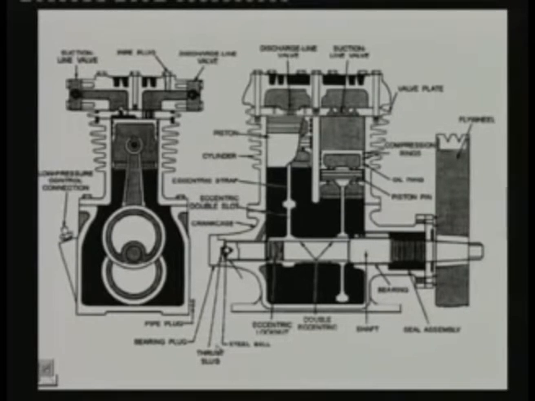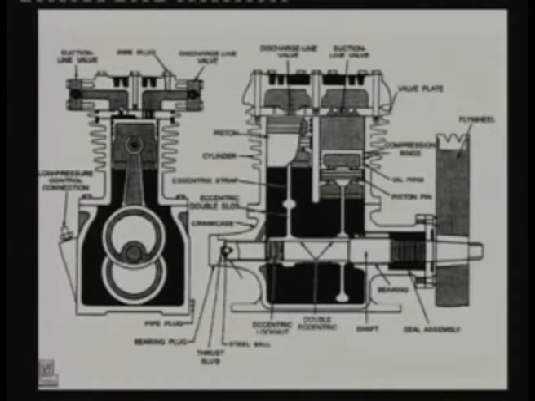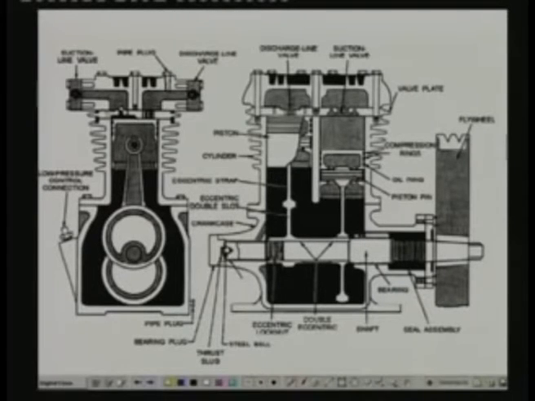This in fact shows the sectional view of an industrial 2-cylinder open type compressor, the vertical arrangement. You can see the fins here for heat rejection, and you can see several components.